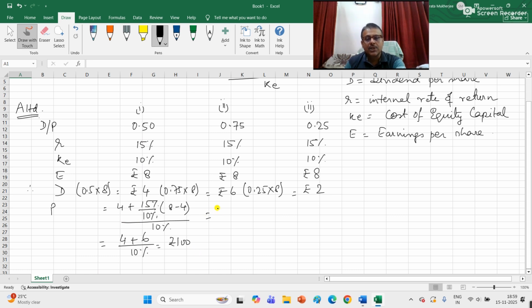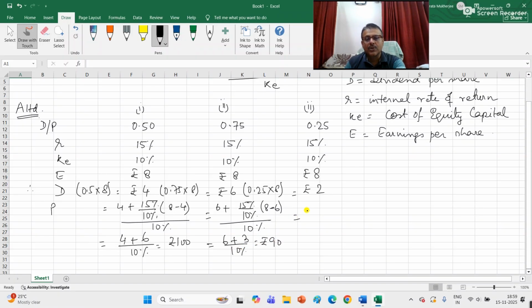Then in situation 2, D is 6 rupees, then 15% by 10%, R by KE, then 8 minus 6, that is 2, divided by 10%. So you will get 6 plus 3 by 10%, which is rupees 90.